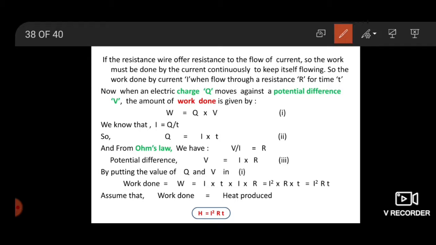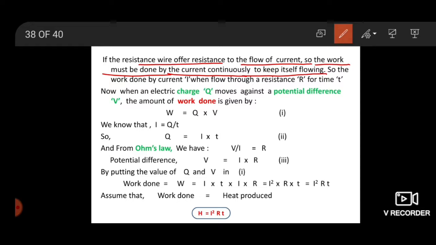In this slide, we will derive a relationship between heat produced, current, resistance and time taken. If the resistance wire offers resistance to the flow of current, work must be done. Resistance always opposes the flow of current, so the work has to be done by the current continuously to keep itself flowing.